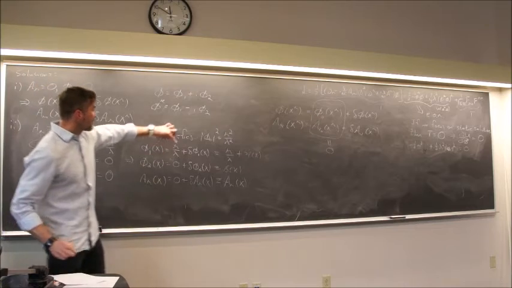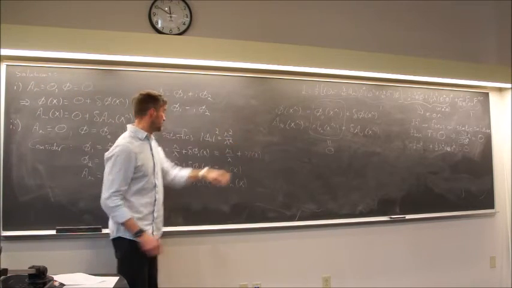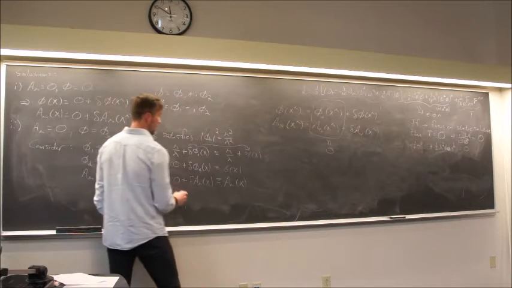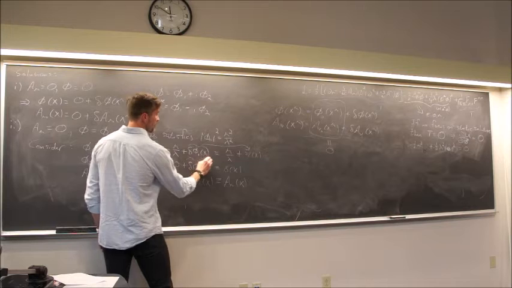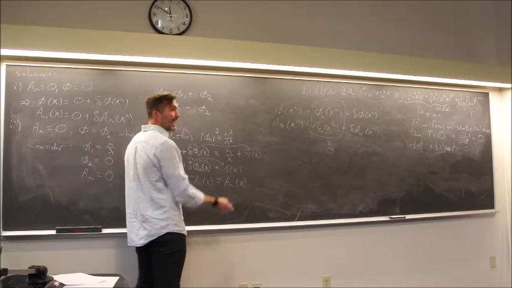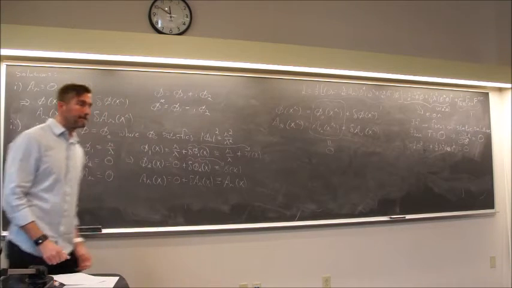So the fluctuation of the real part of phi, I'm calling eta. The fluctuation of the complex part I'm calling beta, and I'm just going to call the fluctuation of A mu A mu. That way I don't have to write a bunch of deltas.